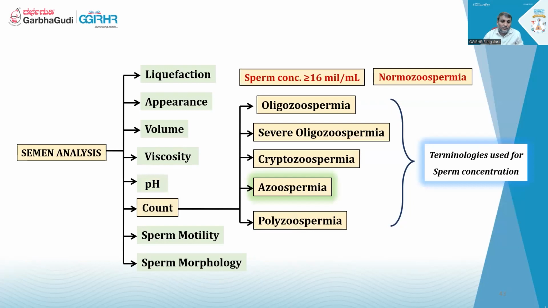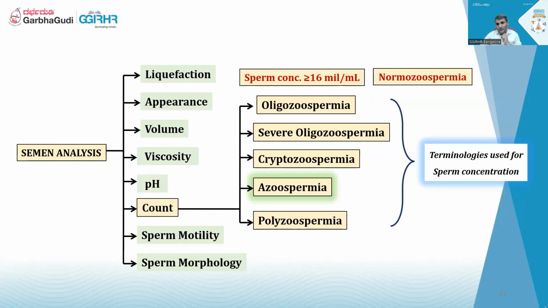Now coming to a very, very important thing. Whatever I have discussed so far, you can see with the naked eye. Now you have to see under the microscope. For count, these are the terminologies we use. The normal count should be more than or equal to 16 million per ml.